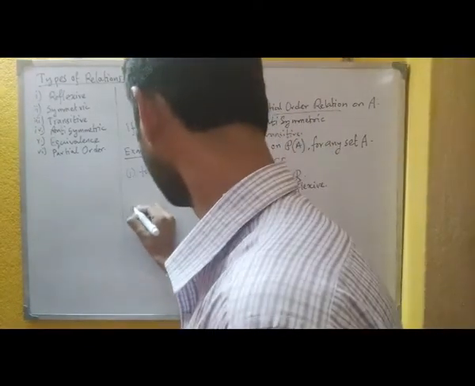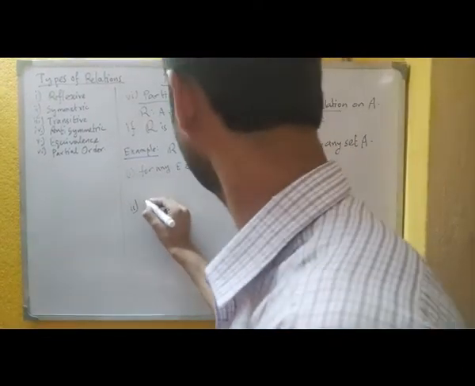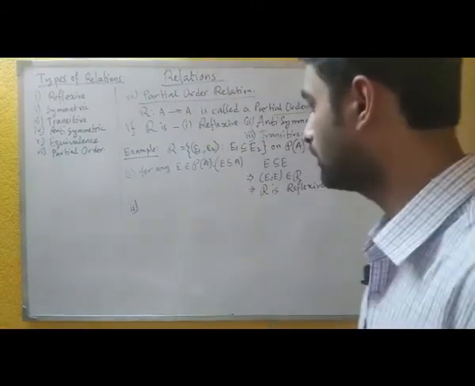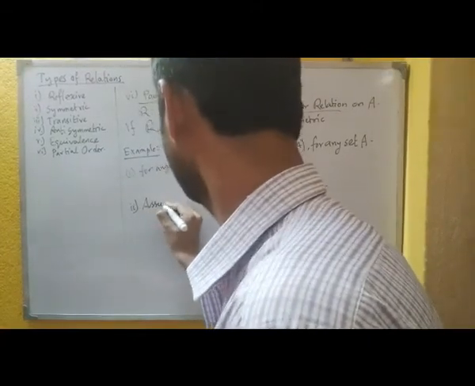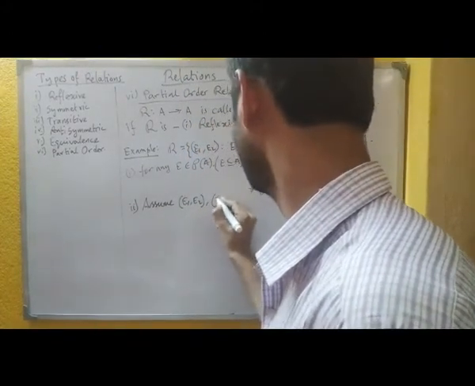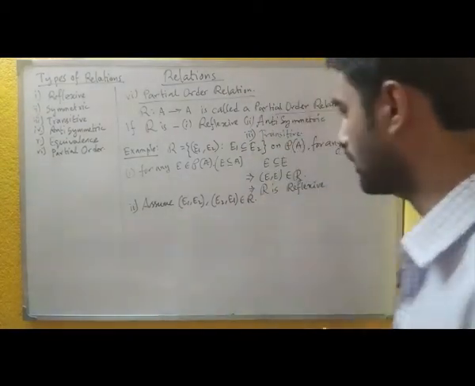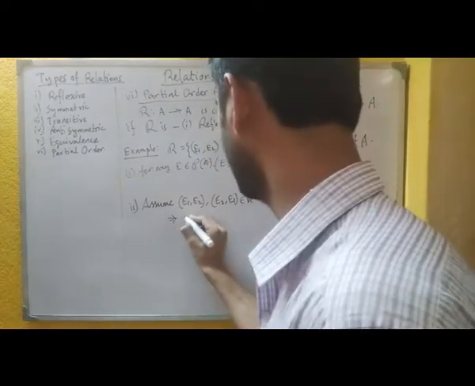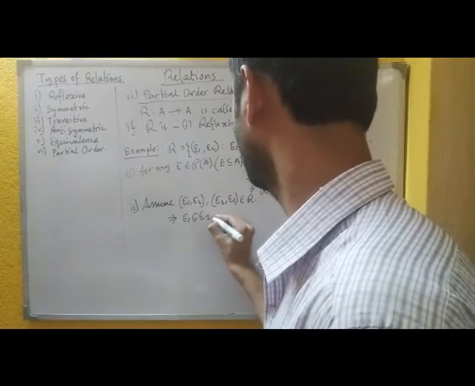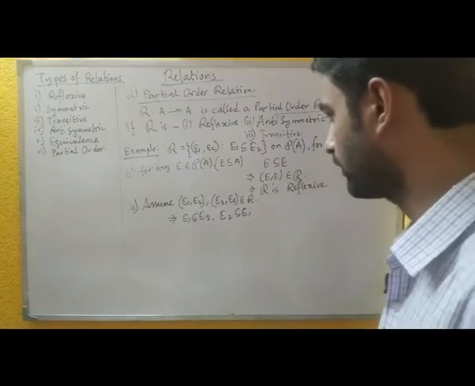Okay. The next one is the antisymmetric one. So let us take two sets. We assume (E1, E2) and (E2, E1) belong to R. That means we can say here that E1 is a subset of E2 and E2 is a subset of E1.